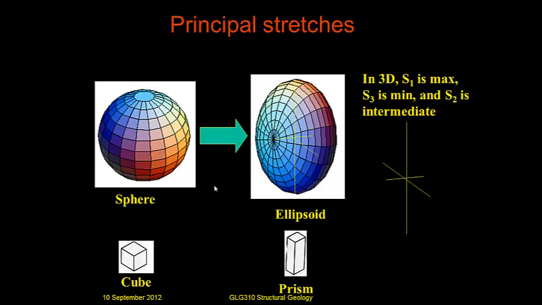But the point is the same: when we want to talk to each other about deformed rocks, we want to quantify the stretch or elongation, but we also want to identify these principal stretches, the max, the min, and the intermediate, knowing that they're perpendicular to each other. Those are the simple descriptions of the deformation that we can then use to compare from one place to another.